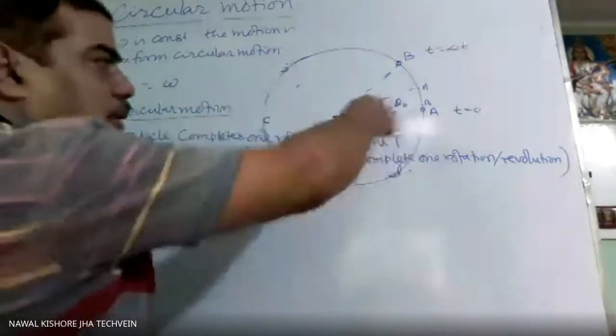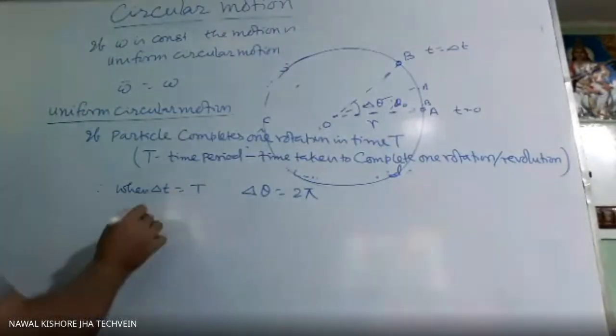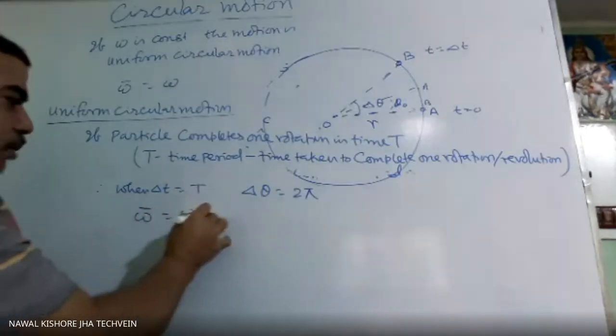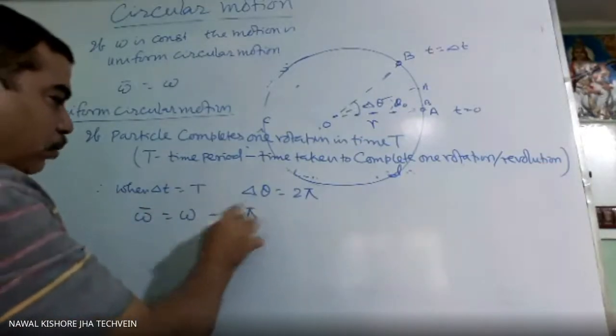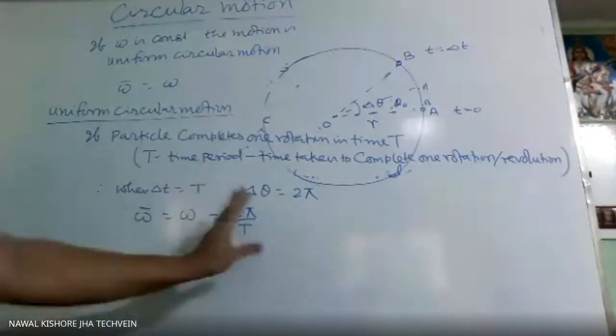One complete rotation, that is 2 pi radian, 360 degree. So what is this omega? Average angular speed or instantaneous angular speed is how much? 2 pi over T. As instantaneous and average are both the same in this case, it will be 2 pi over T.